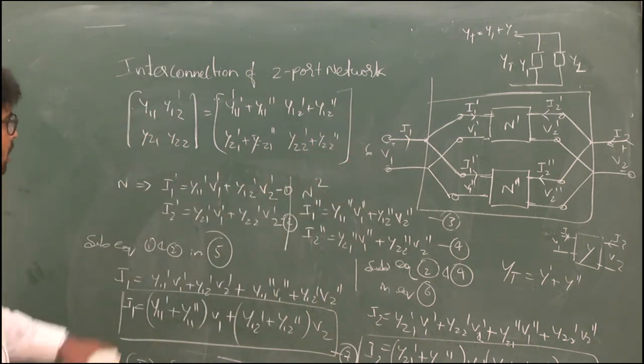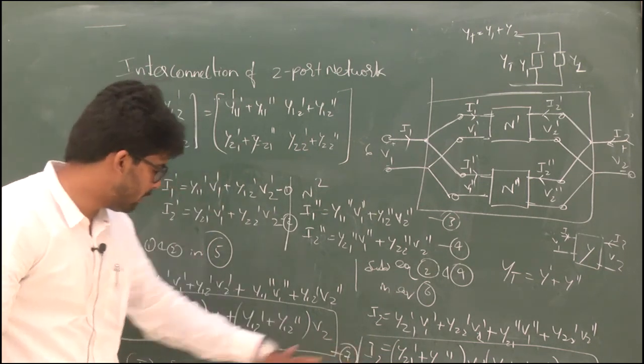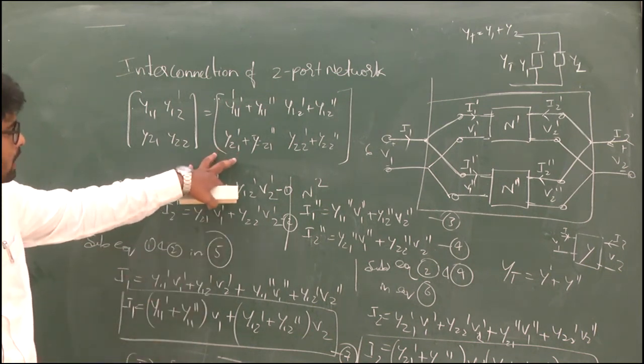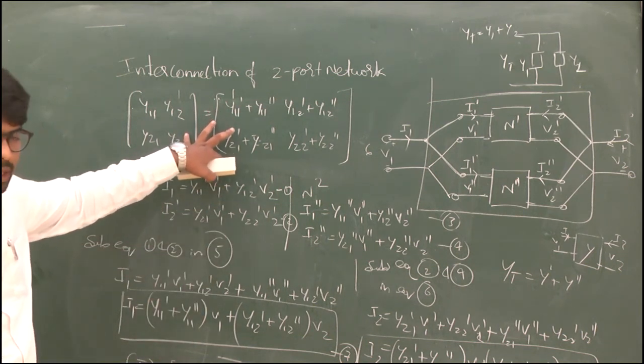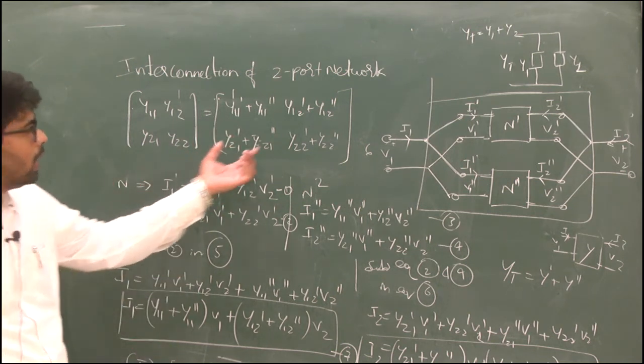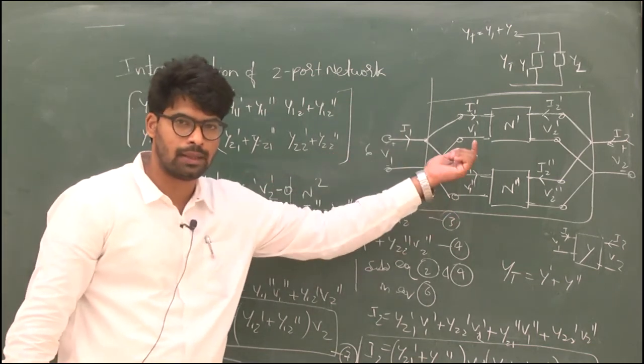That's it. By comparing equations 7 and 8 with these matrices, you get the overall result. These equations indicate that the overall Y parameters are the addition of individual Y parameters.